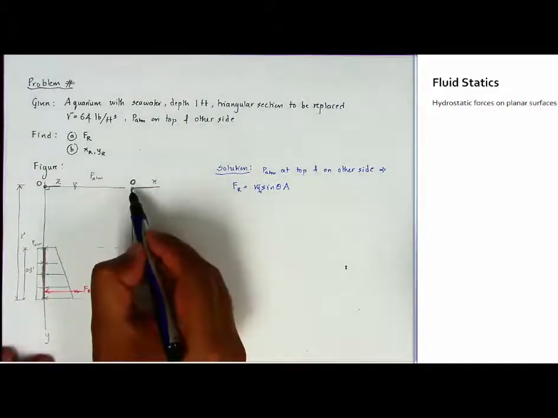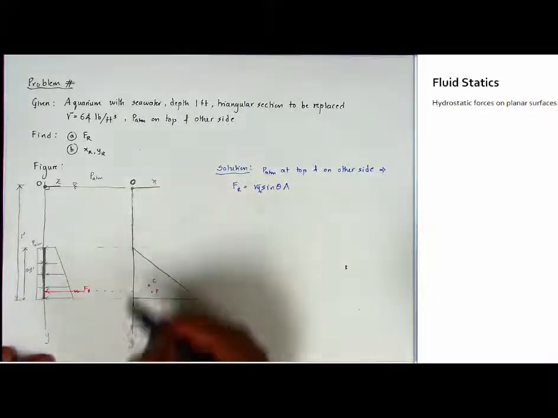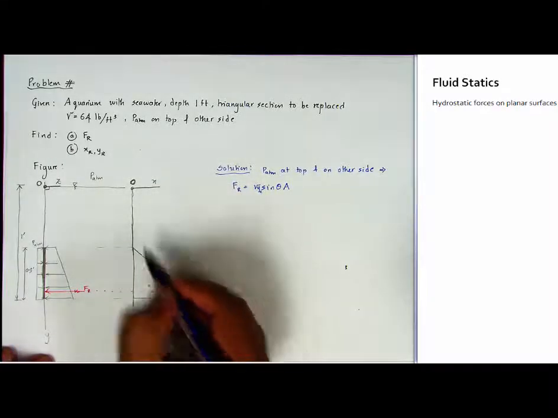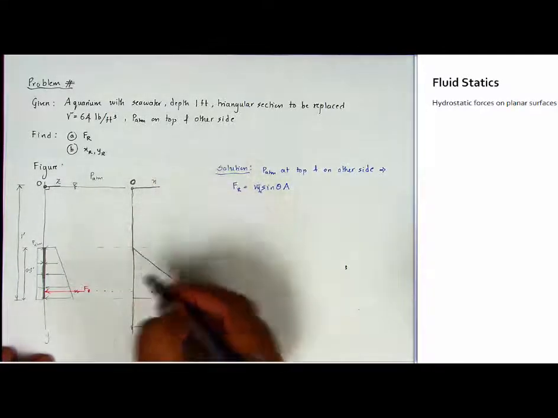Everything is calculated from the origin. This is the y-axis, so the y distance of the centroid from the origin is going to be this height here.